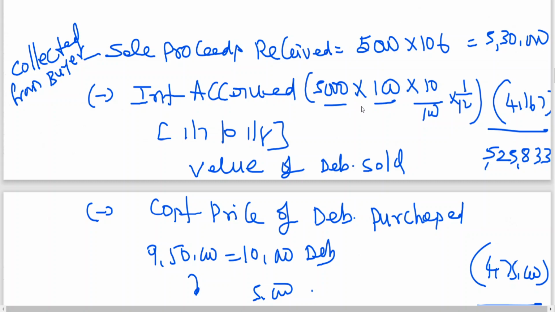We are talking about the seller, no? Now we are selling it. From the buyer's point of view, 5,000 into 100 is 5 lakhs; 5 lakhs at 10% is 50,000. He is receiving 50,000. But in fact, he has to receive interest for only 5 months. A simple example: 50,000 by 12 is 4,167 per month.